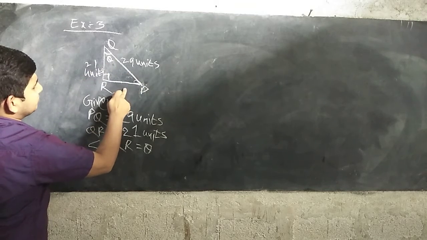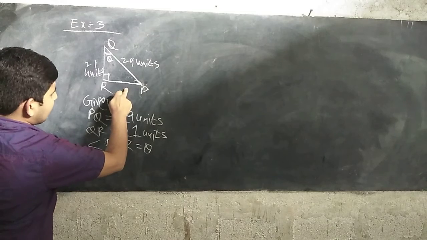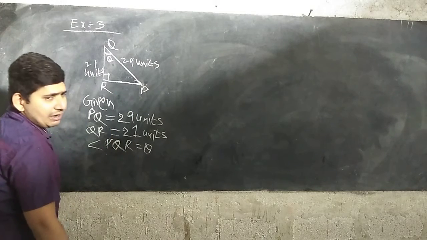We have to find the opposite side, so we have to find the value of PR by using Pythagoras theorem.